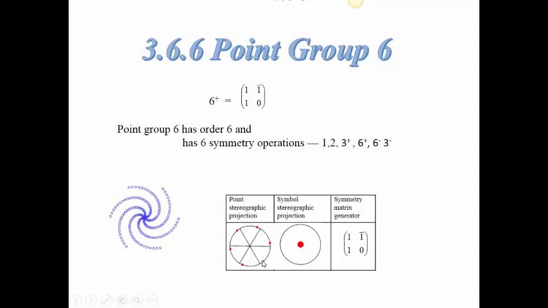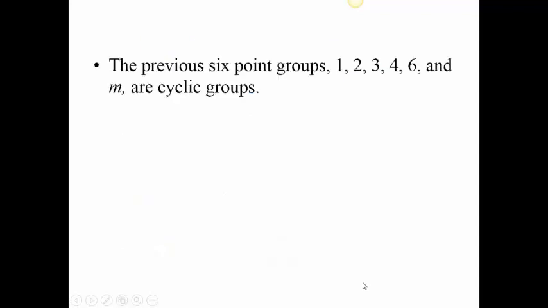If you start out here for the identity, here is the y-axis, and here's the x-axis, and then we generate all of these from this. We go a 6-fold around here. We indicate that symbolically by the hexagon with the vertex upward, and here's the associated matrix generator.